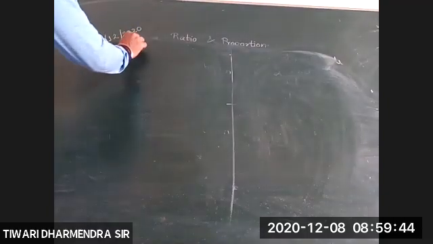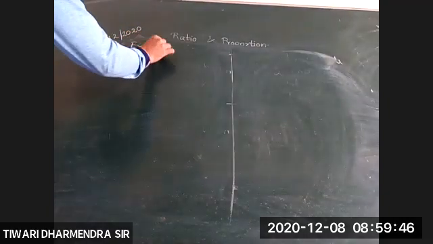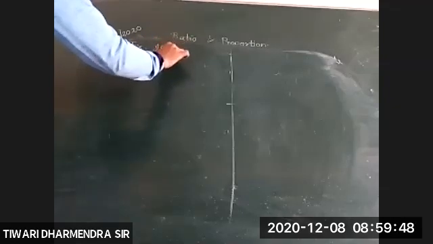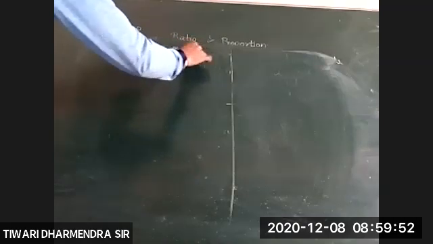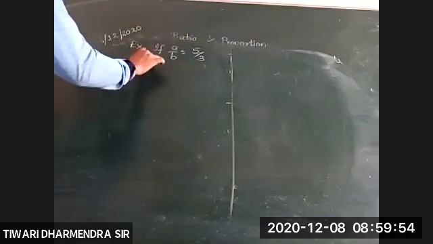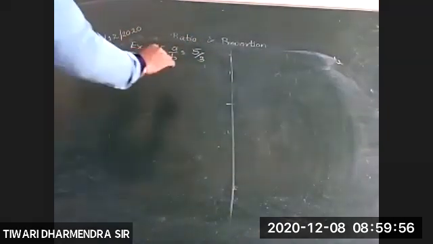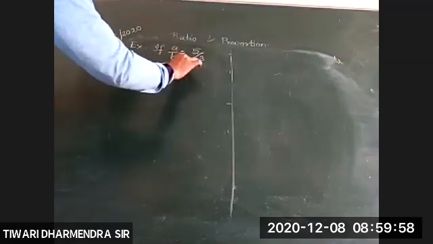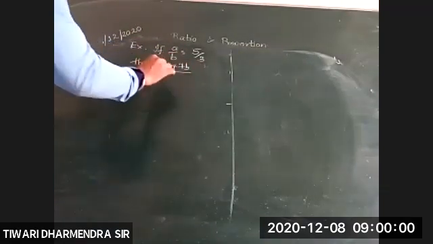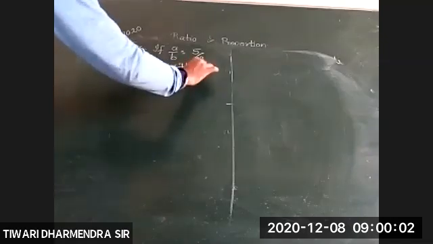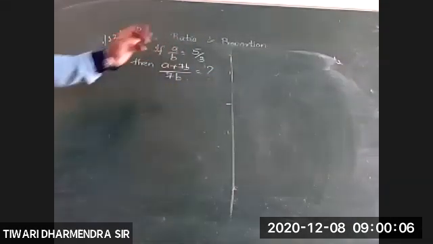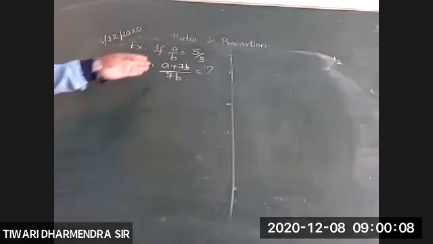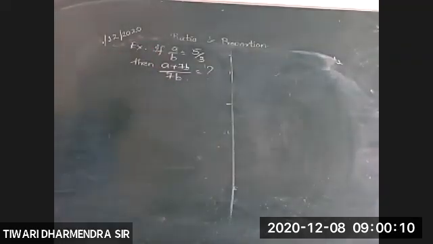First example, if a by b is equal to 5 by 3, then find the ratio a plus 7b upon 7b. Okay, I can see that I'm having a by b, but the requirement is of 7b.